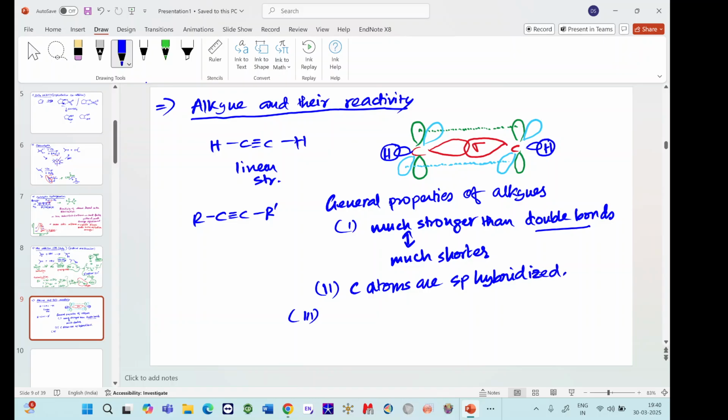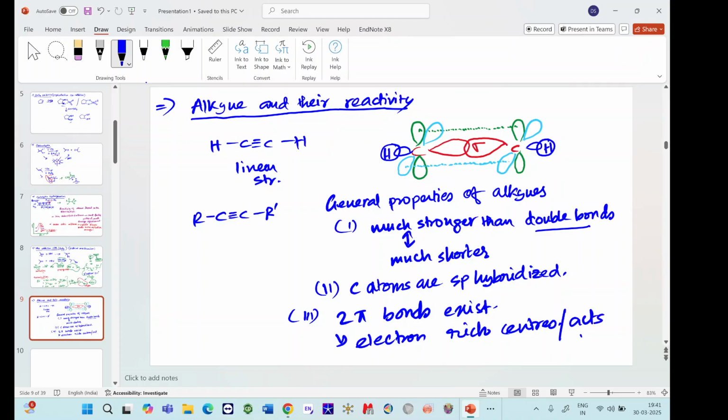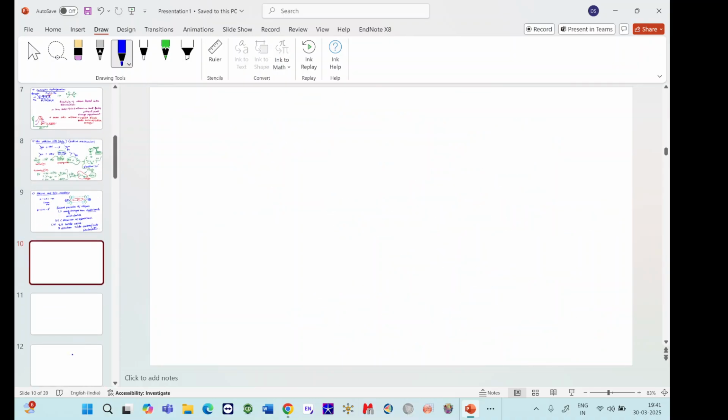Third point is 2 pi bonds. Okay, and due to this pi bond, these are electron rich, and act as nucleophile, right? So we'll see this in the reactions. So these are almost similar to alkene in terms of reactivity, but there are some differences. Let us start.